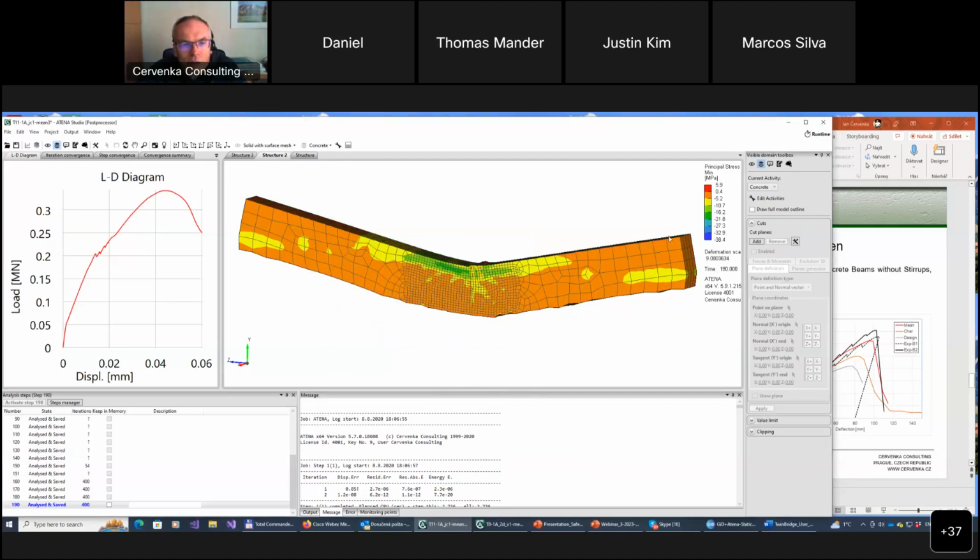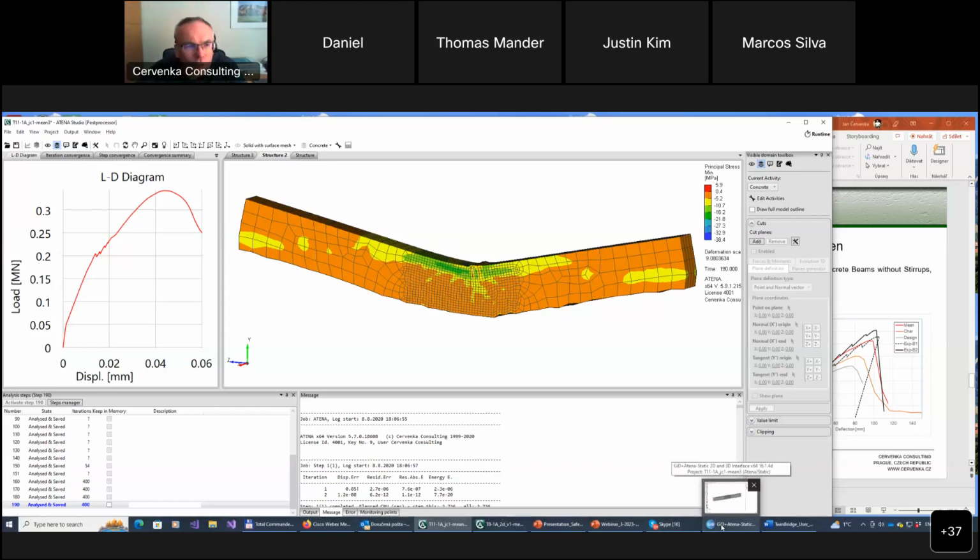You see, indeed, now the stresses start to be reasonable. You see, I have stresses between 6 and minus 38 megapascals. So this might say, okay, I have crushing of concrete, because what is the compressive strength in this case?